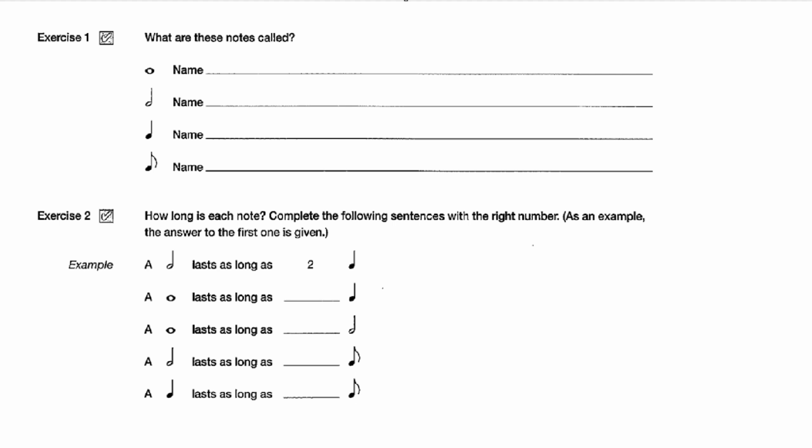But if you've had a go at them now, you should hopefully have that this first one is called a semibreve, or a whole note. That this second one is a minim, or a half note.